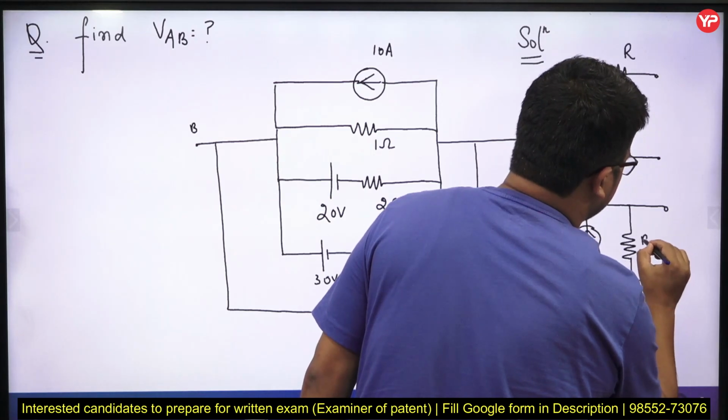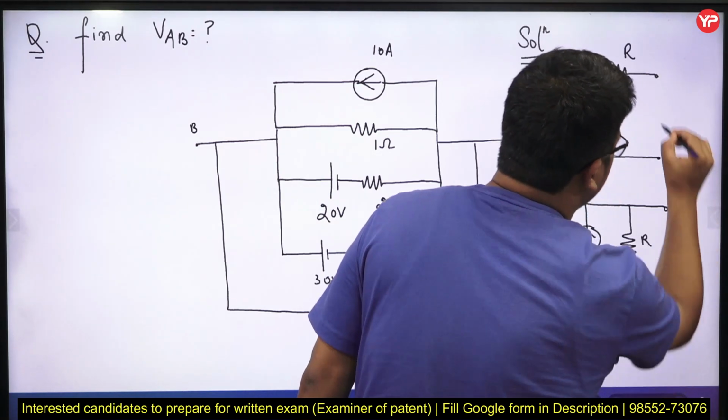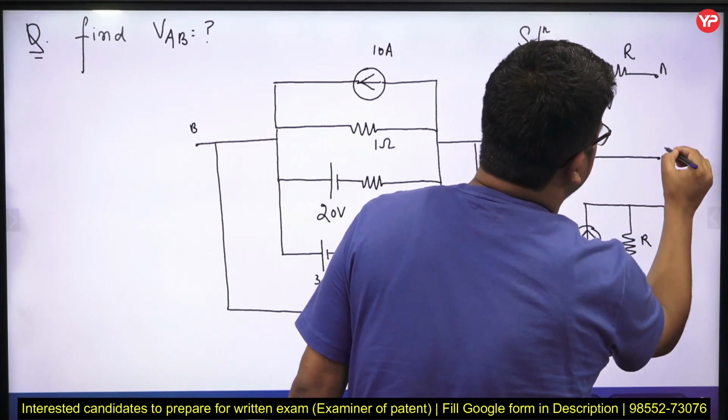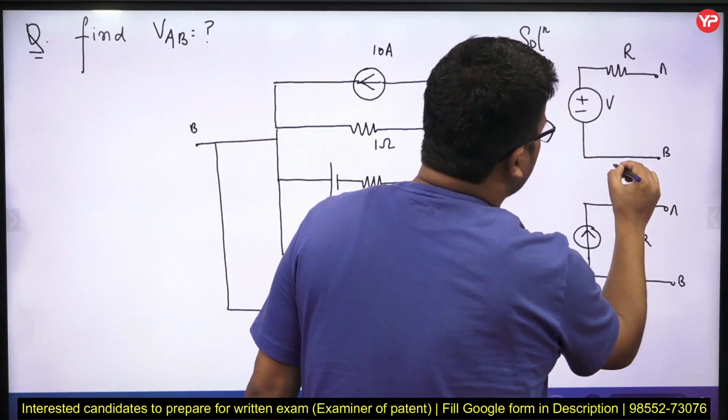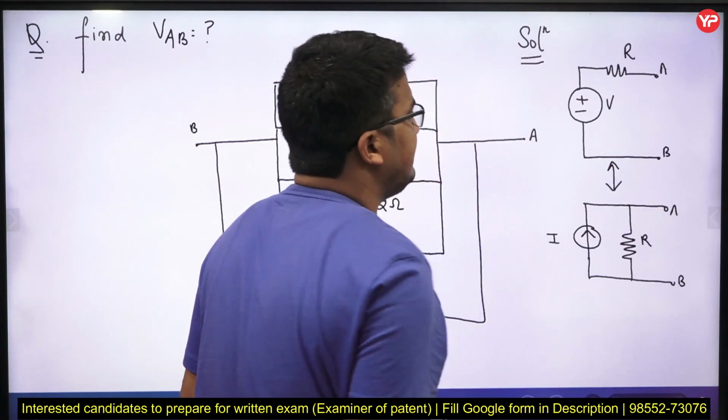I am keeping this terminal as A and this terminal as B, and both can be interchanged, transformed, or converted.